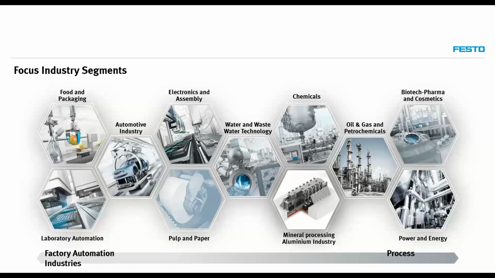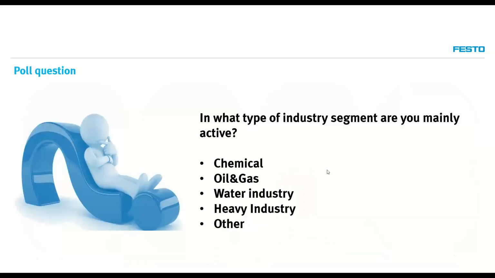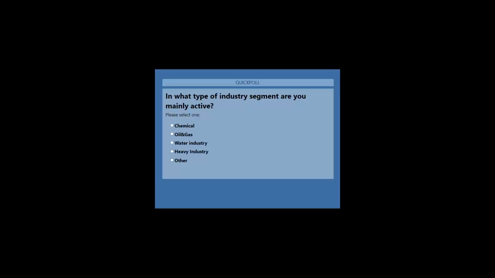Which leads us to the first poll question. In what type of industry segments are you mainly active? Chemical, oil and gas, water industry, heavy industry, or other industries? The poll question will now pop up on your screen. Please select the most suitable answer for you. So now we are collecting answers.